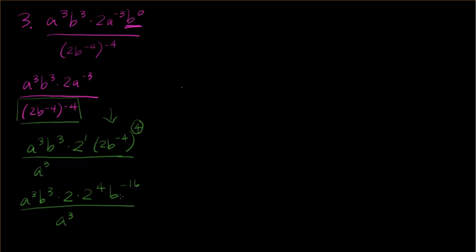Now we have another negative exponent right here, b to the negative 16, and I can go ahead and move that down. So I'm going to go ahead and rewrite. I have an a to the third, b to the third times 2 to the 4th over a to the third and b to the 16.